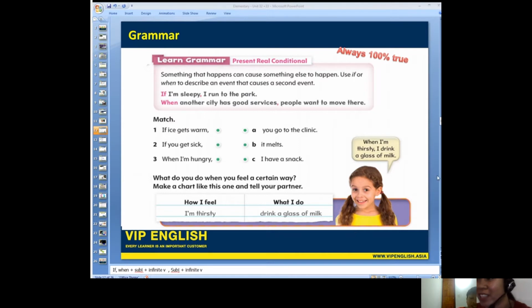Yes, it melts. Okay, so that's the second event. The first event is the ice. Then the cause, or the second event that it says here, is melt.